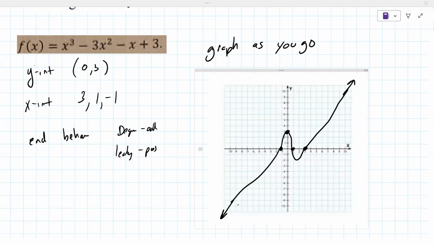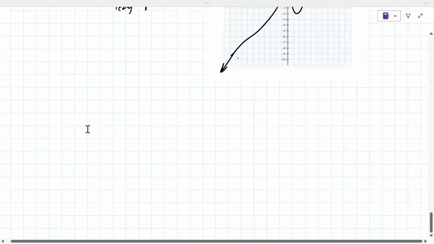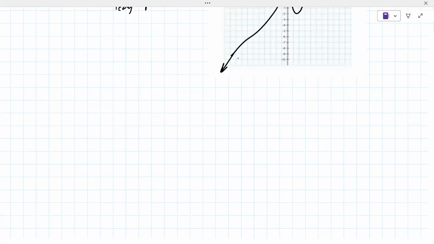All right, that will work. Okay, so we're going to do something really similar. That's too big. Let's do this. Okay, I am satisfied with it.